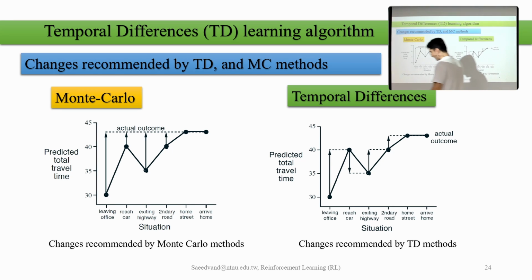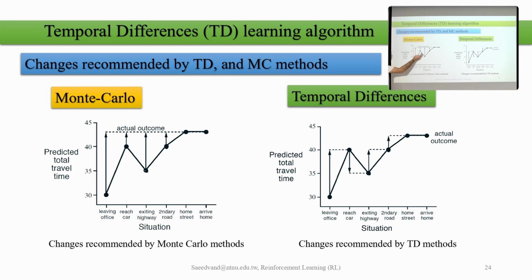So let's have a look at these plots. These plots, again given by your book, compare Monte Carlo and temporal differences. In Monte Carlo, you can see the amount of change suggested. These are different states. It is written situations, better to write states, but they are actually states, and the update for values.